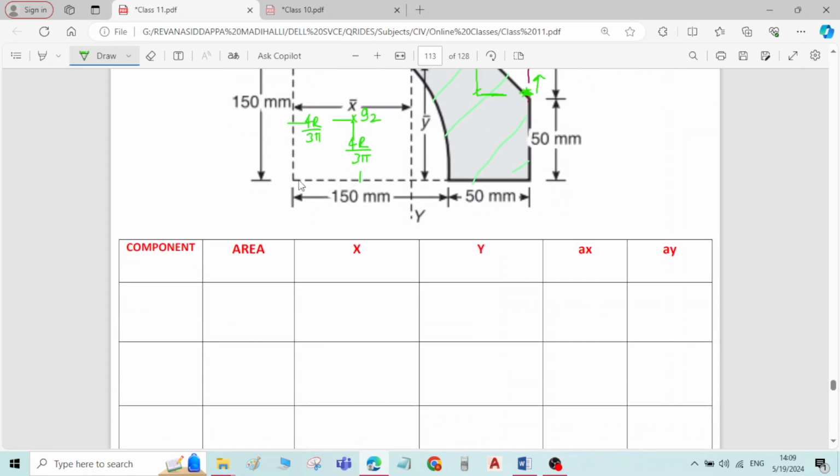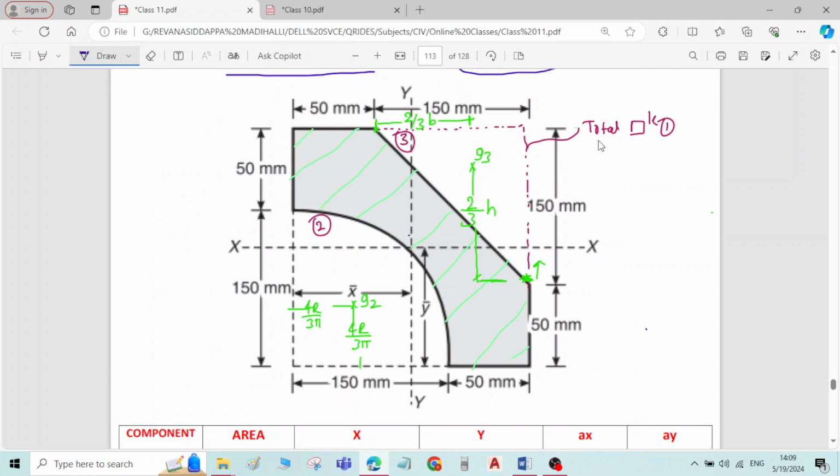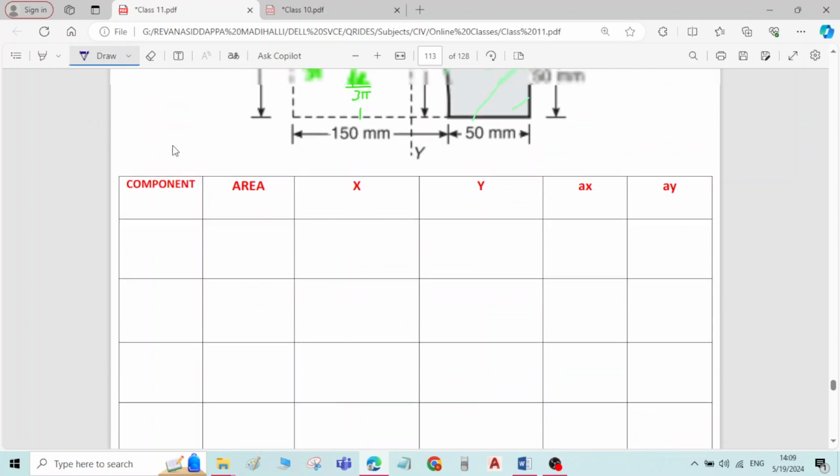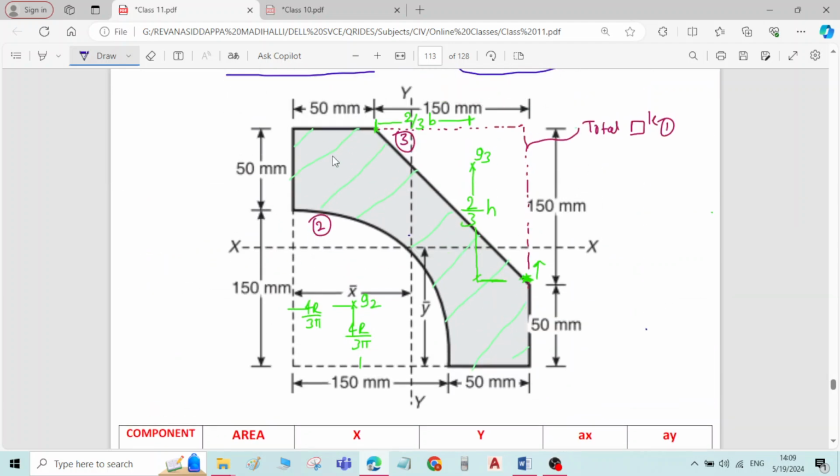Now we'll do the calculations. What is the first component we have? We have the total rectangle, component number 1. Area of the rectangle is b into d.